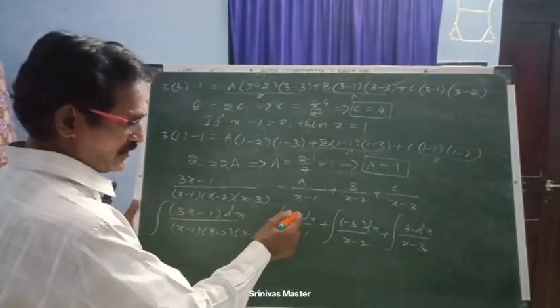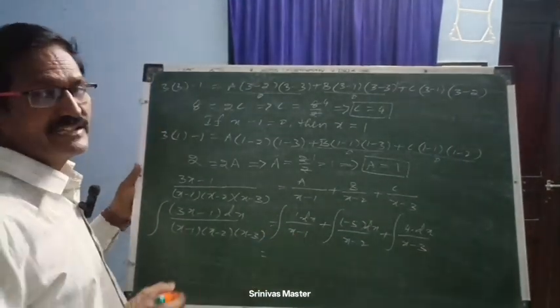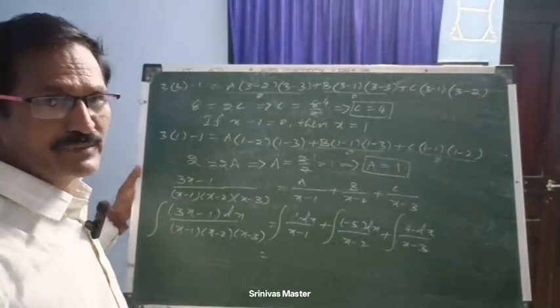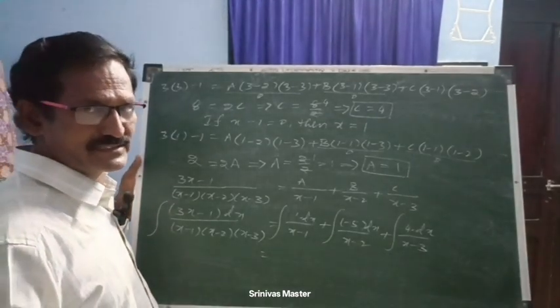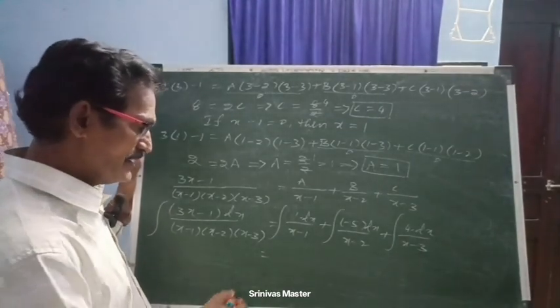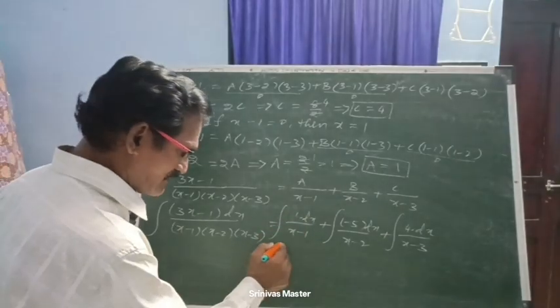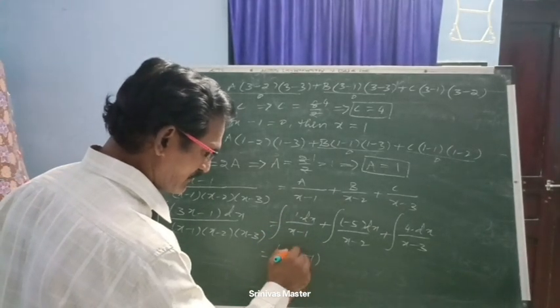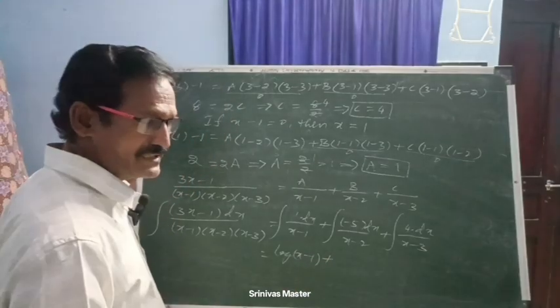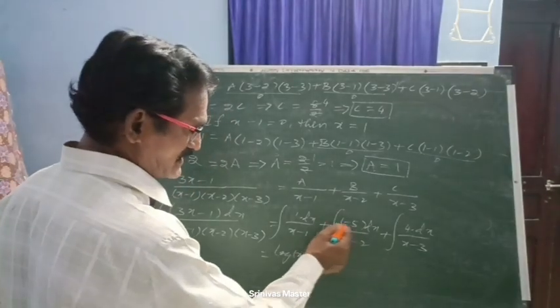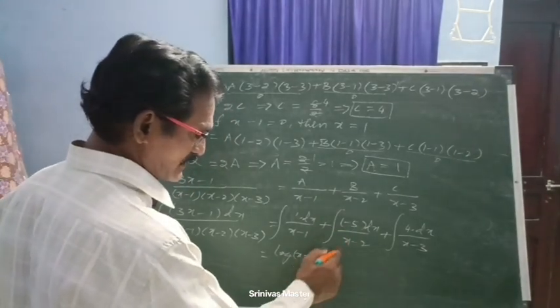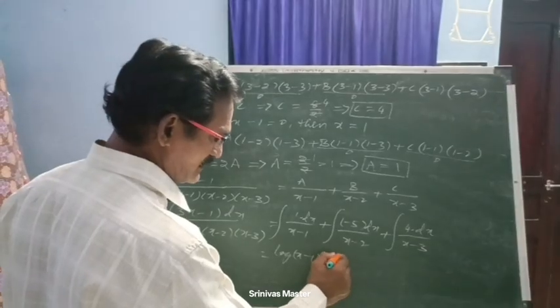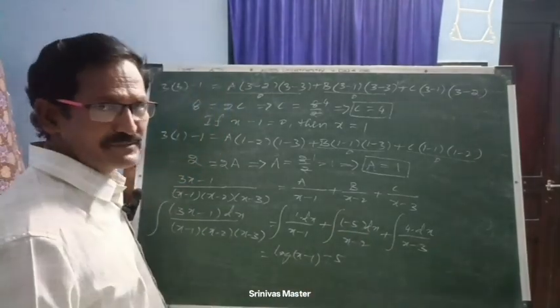So 1 by x minus 1. Before I give the formula, the integration of 1 by x is what? Log mod x plus c, is common. So 1 by x minus 1 means log mod x minus 1, plus minus 5. Take minus 5 outside, remaining 1 by x minus 2.